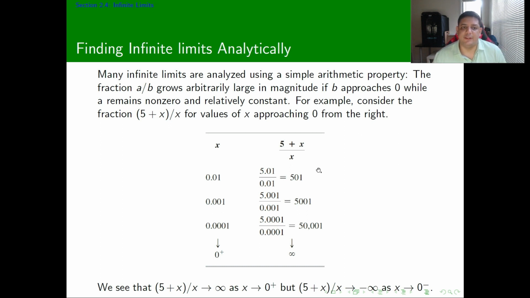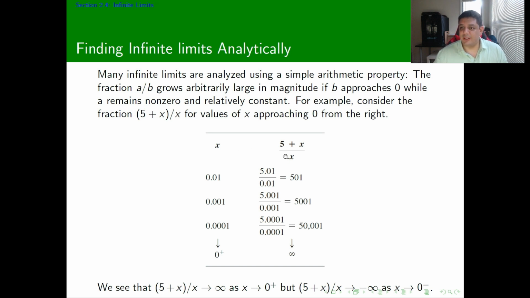Now, finding infinite limits analytically is something that you can do with the tables. So just as I showed you on the Desmos calculator, you can do that by calculating what's going on with each of the values. For example here, if you consider the fraction (5 plus x) divided by x, we can clearly see that this is going to likely have an issue at 0. 0 is going to be an asymptote.